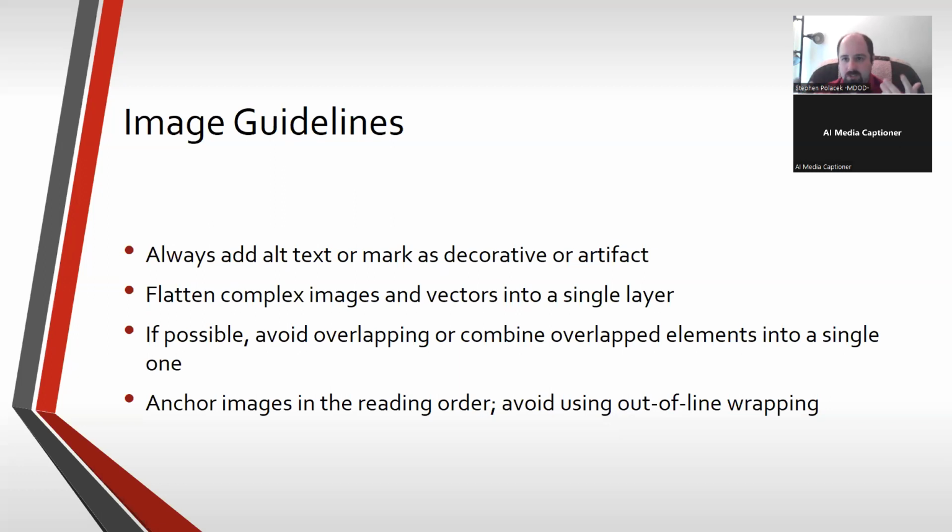If possible, try to avoid those overlapping elements or combine them into a single element. And that is something sometimes we do as a workaround: we have that text on a color bar or something, and for whatever reason, we can't tag the text. So we take that whole piece, both the bar and the text, and tell Adobe to interpret it as an image.